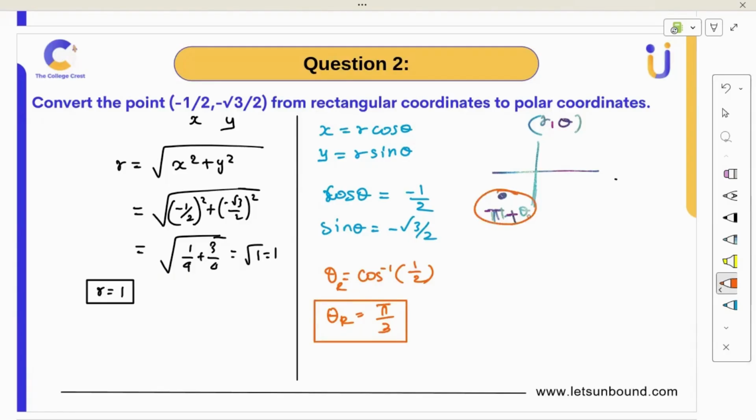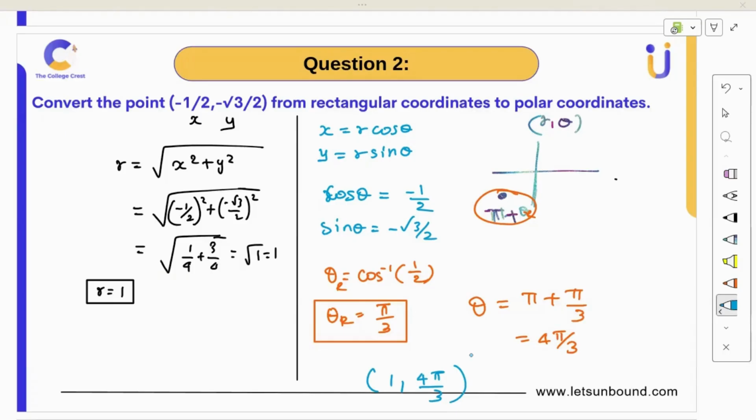It lies in the third quadrant, so the actual theta is pi plus pi by 3, which is 4 pi by 3. And hence the coordinate is 1 comma 4 pi by 3. This is how we converted rectangular to polar coordinates.